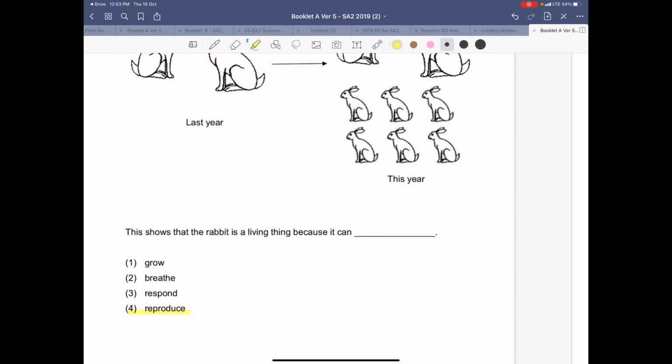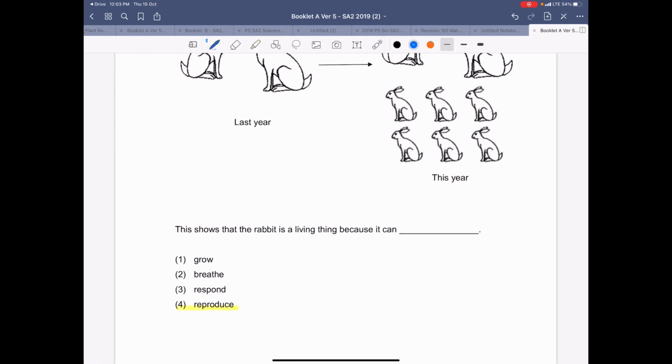So I'm just going to very quickly pen down the characteristics of living things. They are able to reproduce.